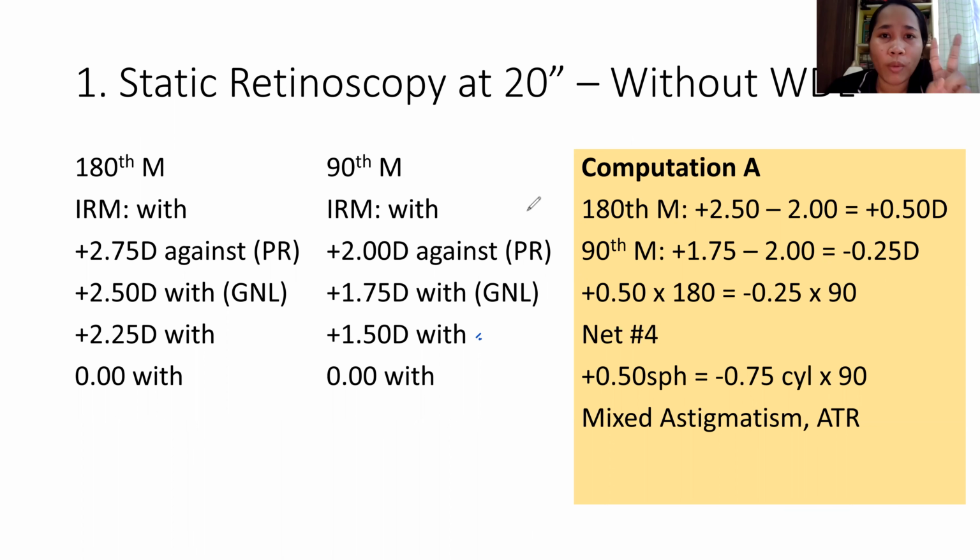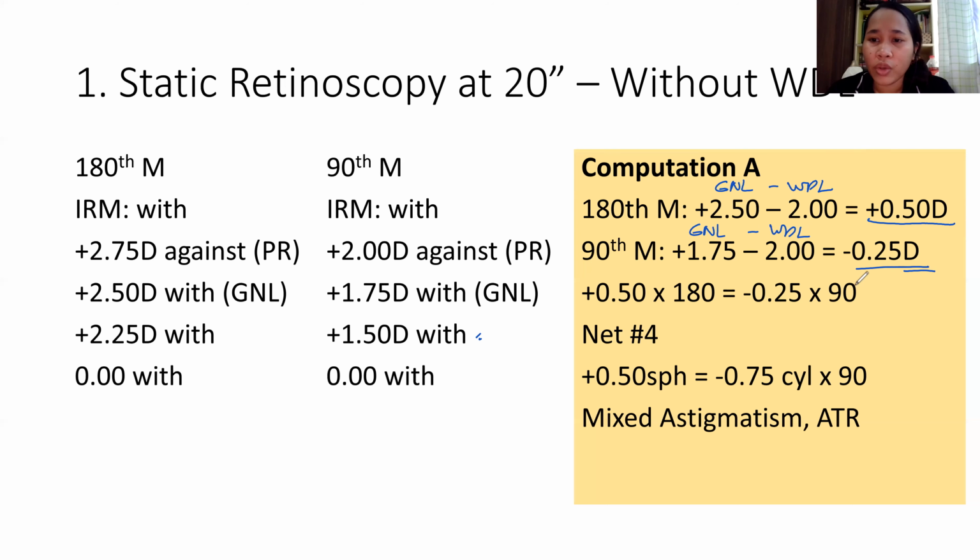We have two computations on working without WDL in astigmatic error. So computation A is that you get the GNL of each meridian and then deduct it with the WDL, and you have the result. The same thing that you will do in the 90th meridian, you get the GNL, deduct it with the WDL, and you will have your result.